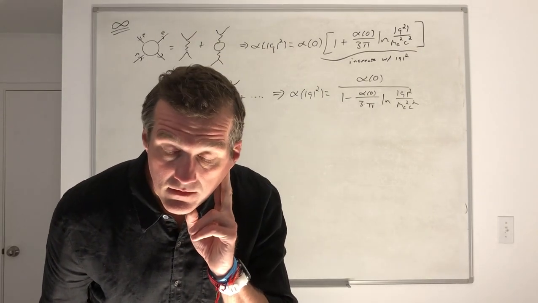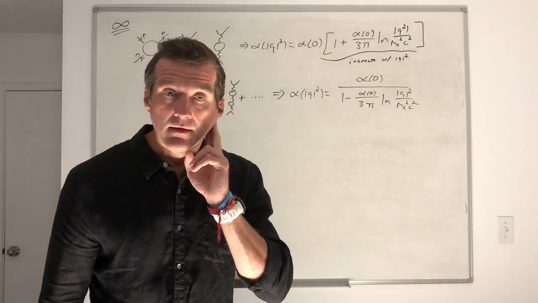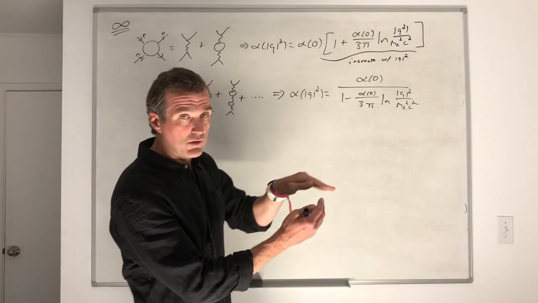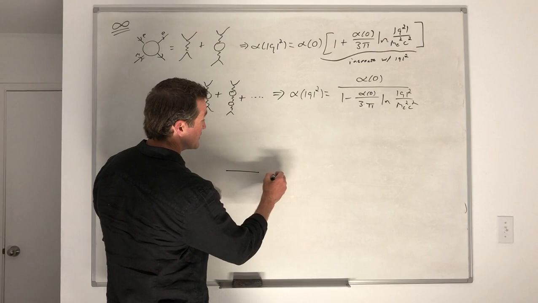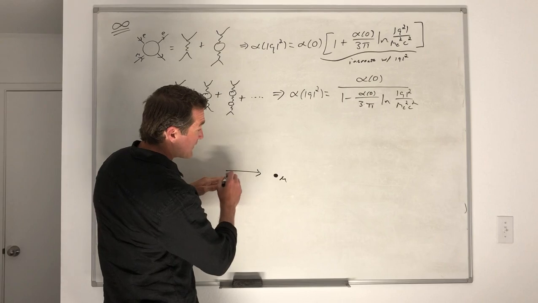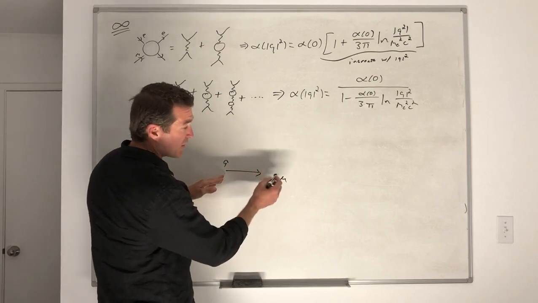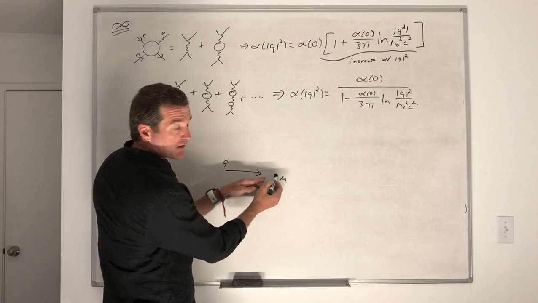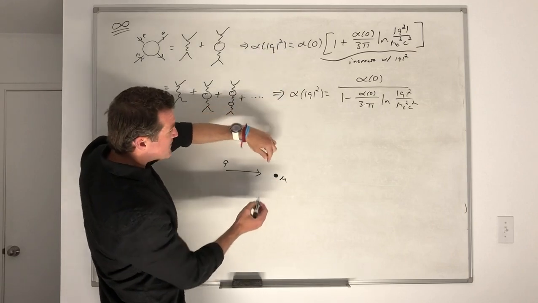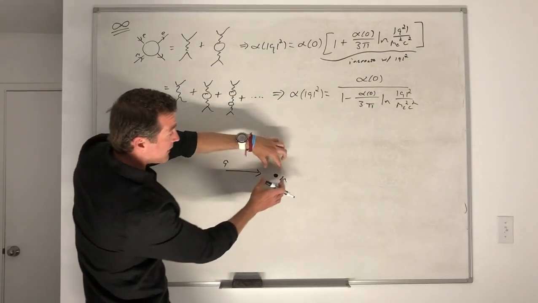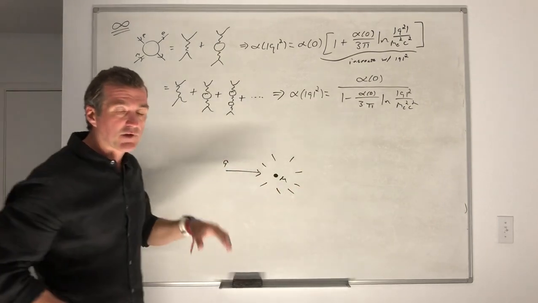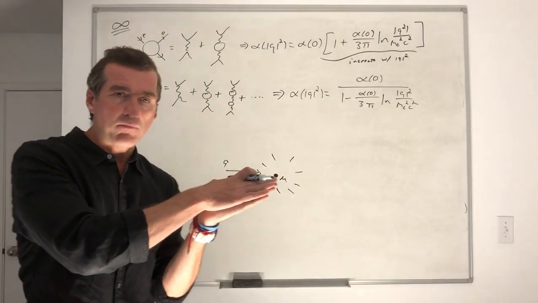It's screening, because as we probe the system with larger Q, we're getting closer to the fundamental thing, which in this case is the muon. Larger Q, larger momentum, larger energy, whatever you want to call it, means a smaller distance. We're experiencing a larger coupling, which means the coupling is being screened by these external particles. So the closer you get, the larger the value of the coupling.